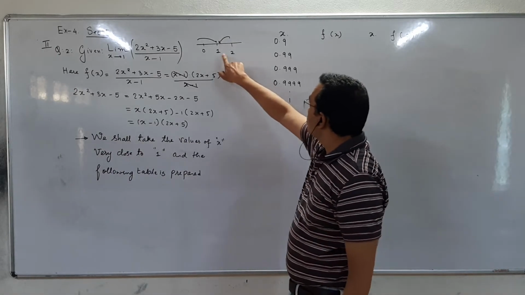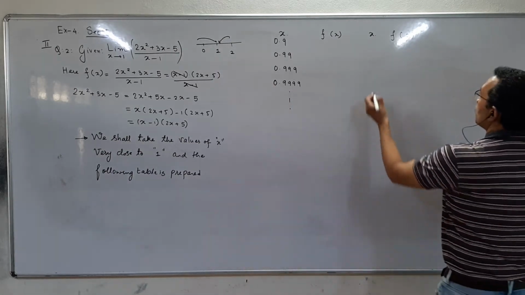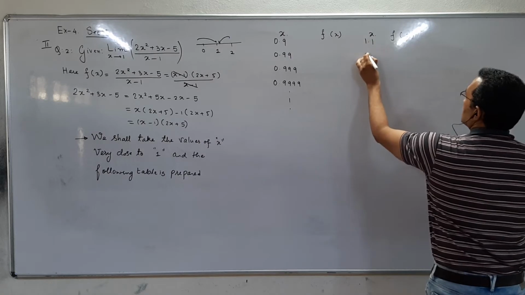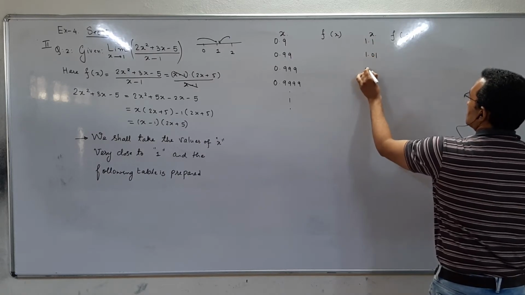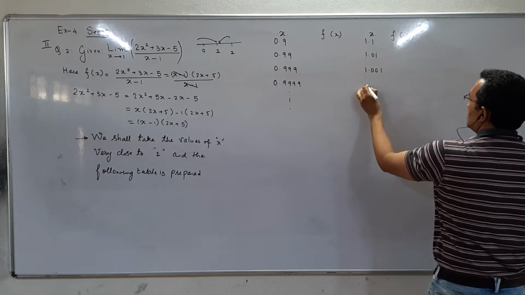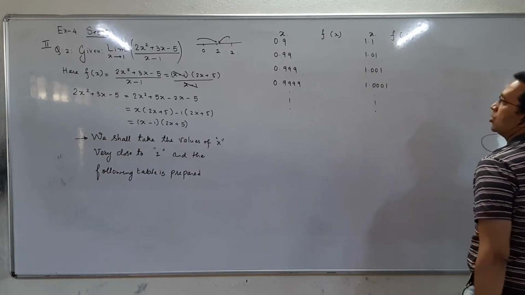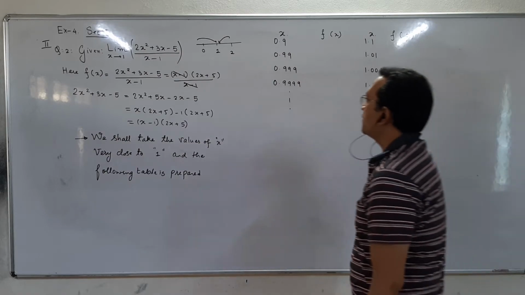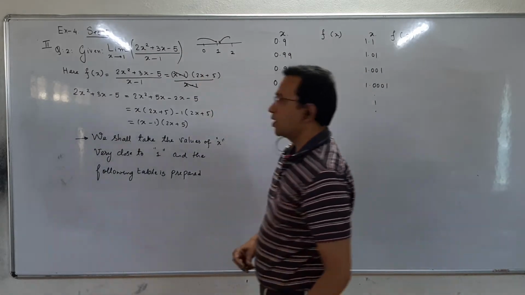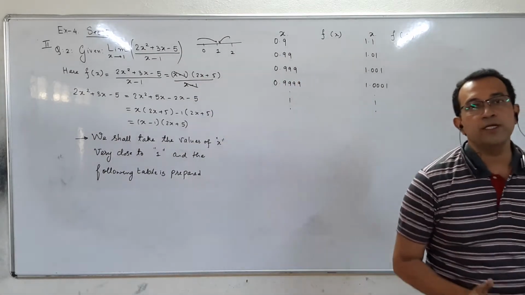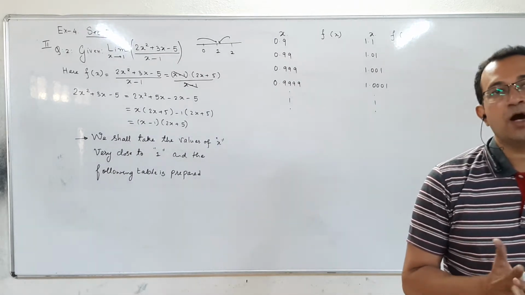Shift 0.1 to the right, so 1.1, then 1.01, 1.001, 1.0001 and onwards.